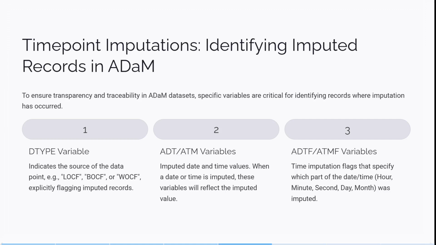And the time imputation flag specifies which part of the date or time was imputed, for example the day, month, or time. So when a record is imputed, you will find DTYPE indicated as LOCF, BOCF, or WOCF, and these flags will be indicated.